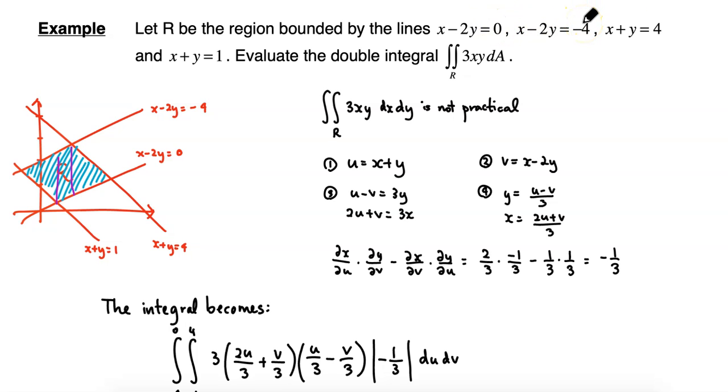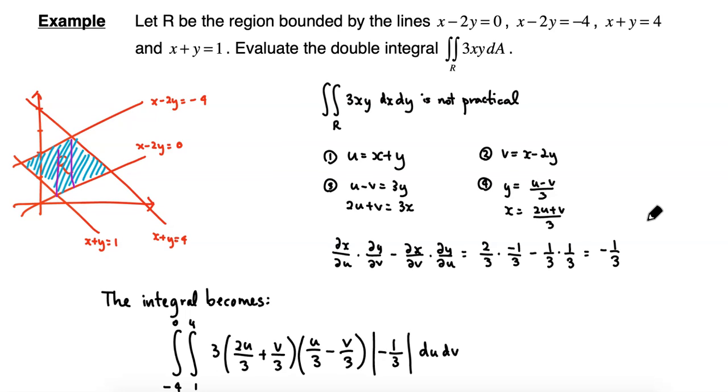Likewise, since we have x plus y equals 4 and x plus y equals 1, we can substitute u equals x plus y, and u ranges from 1 to 4. With this idea, our region becomes a rectangle in the UV plane, a very simple region that sits nicely aligned with the U and V axes.